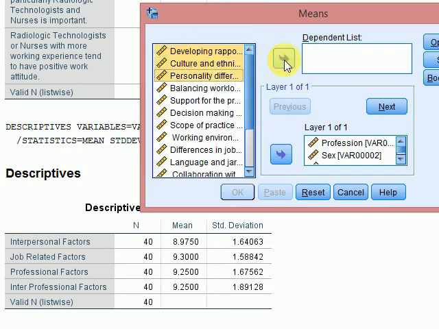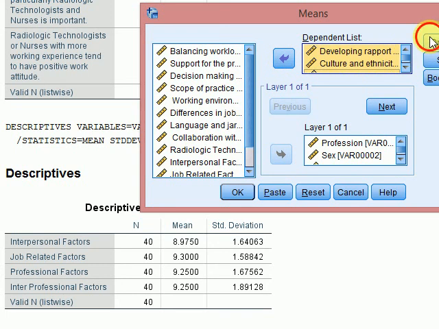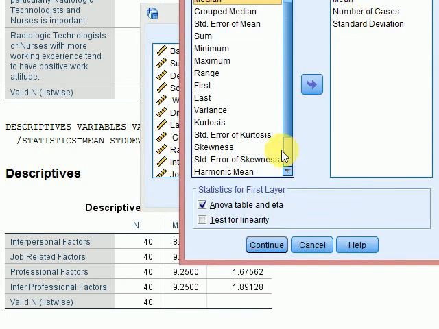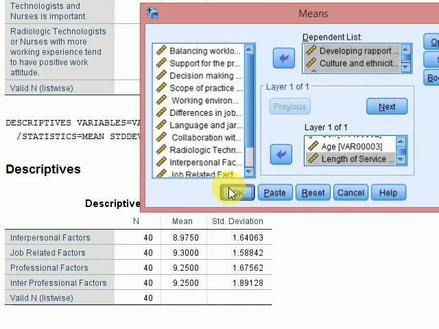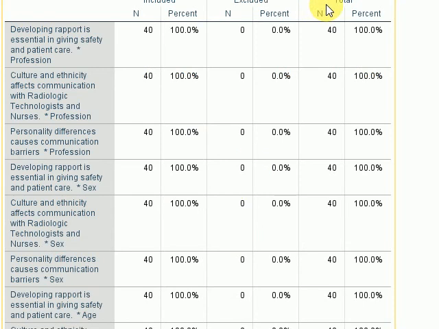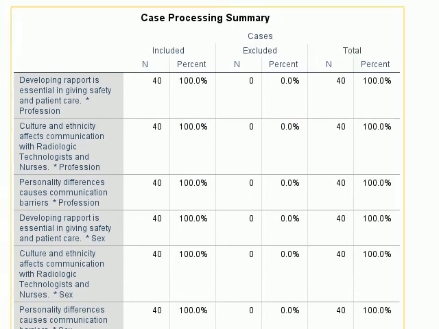First 3, dependent list, and then click the options, and then just make sure that the ANOVA table is clicked, and then you continue. Here are all the independent variables: profession, sex, age, length of service. And when you press OK, this is important. The first thing that will come out is the case processing summary.